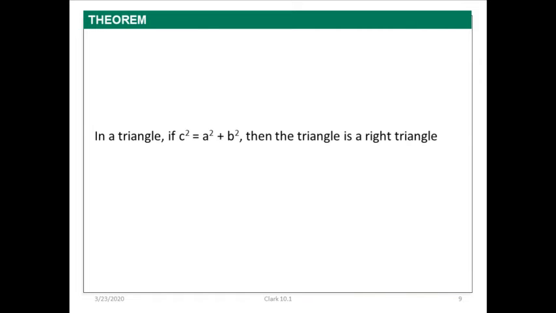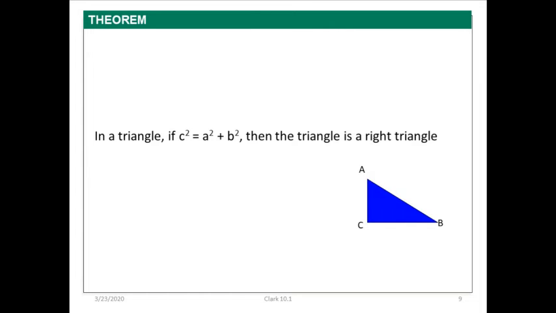Another one. In a triangle, if c squared equals a squared plus b squared, then the triangle is a right triangle. In a diagram, let's say this is your right triangle, denoted as ACB.